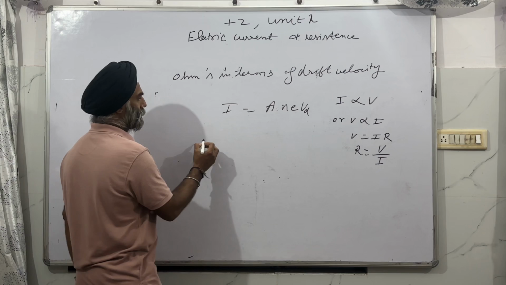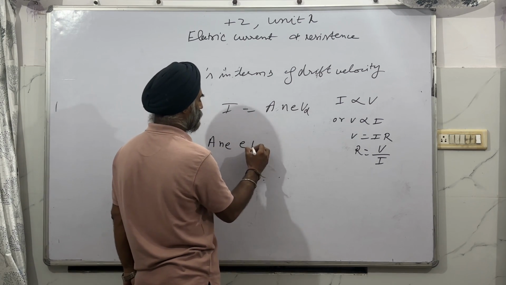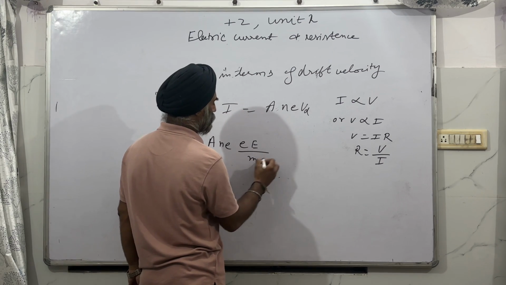Now I is equal to nAeVd. Put the value of Vd as eE by m into tau.